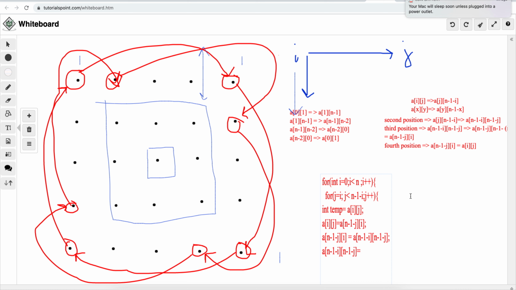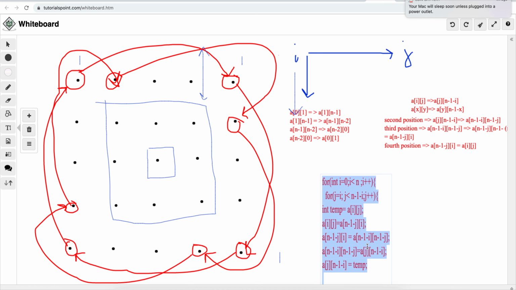This goes to a of j of n minus 1 minus i. So what about the last node? a of j, n minus 1 minus i is a of i j, which is our temp variable. So this is how our pseudocode will look.